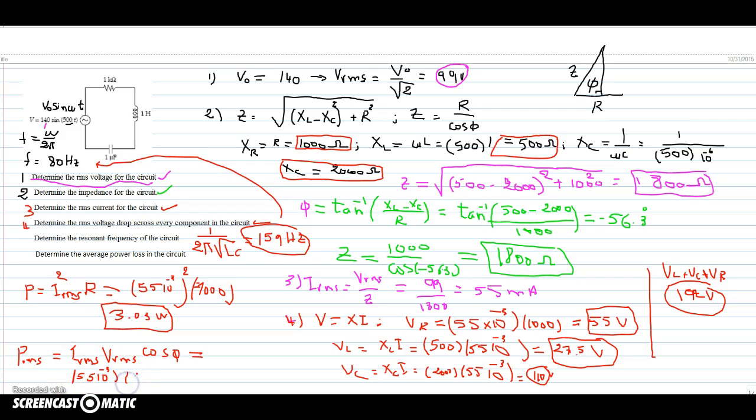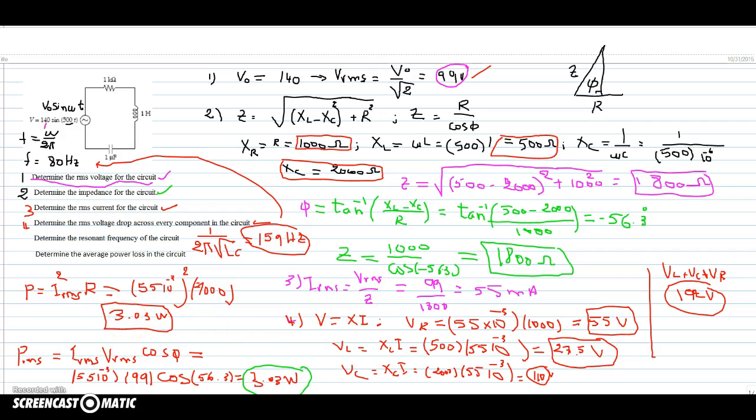And then the voltage is 99. We have calculated this earlier here. And then cosine, minus or plus, it doesn't matter. So I'm going to do cosine 56.3, and you are going to find also 3.03 watts. Let's circle this one. Same thing. So we still have 1 minute.